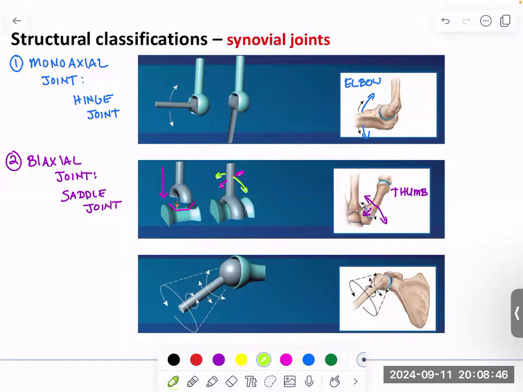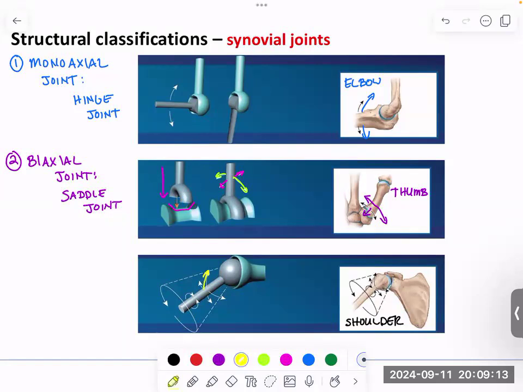The one that gets really, really challenging is things like the shoulder and hip. The shoulder, as shown here, moves along almost 4 axes, but because it's a ball and socket, it's technically 3.